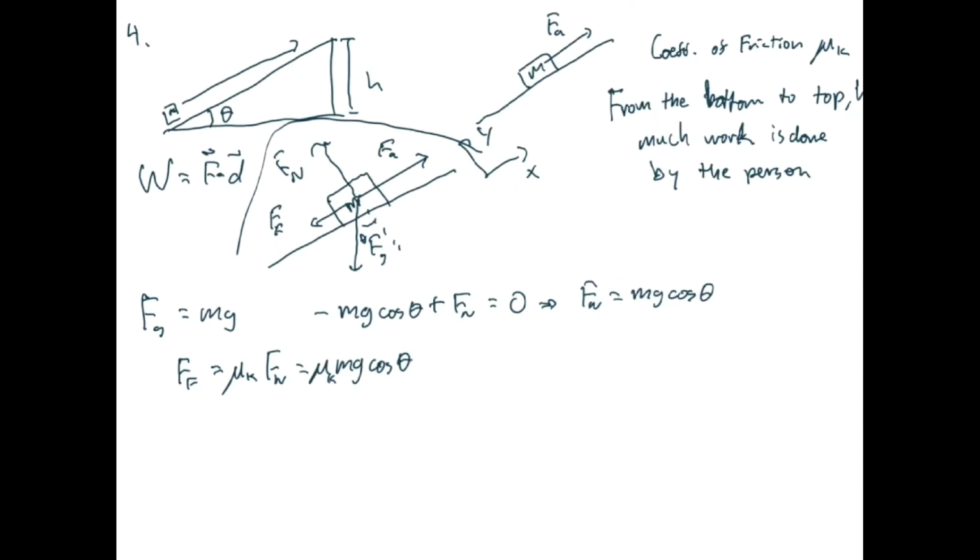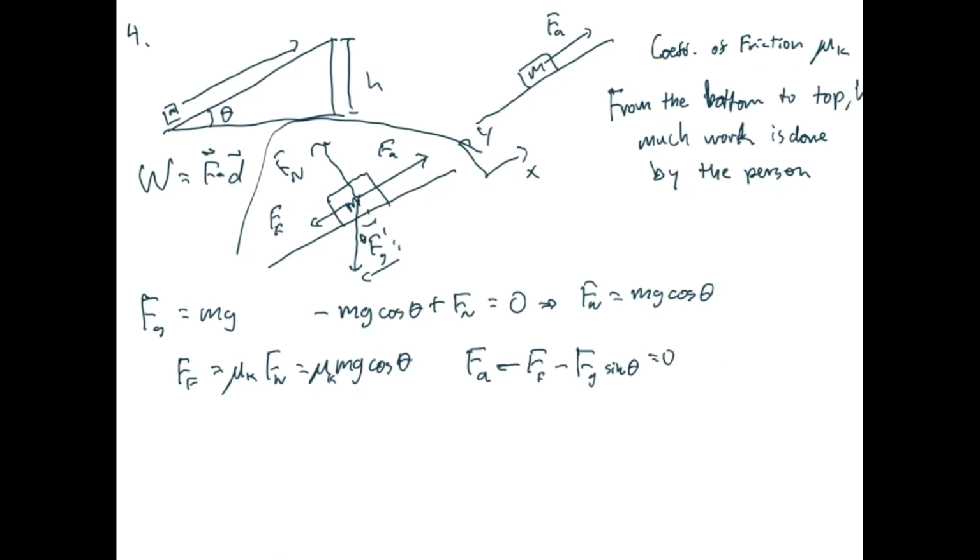Sorry about that. So there's our applied force minus the friction force minus our Fg sine theta. Okay, this is the component of gravity in the horizontal direction.